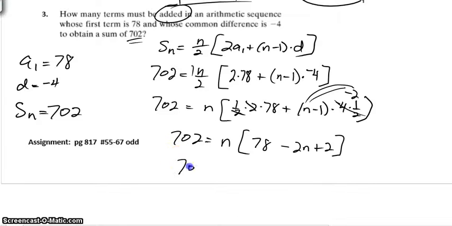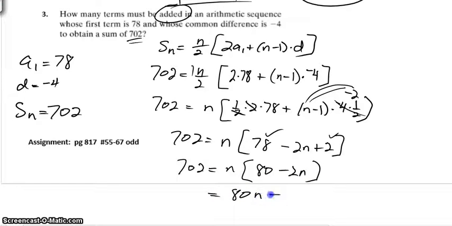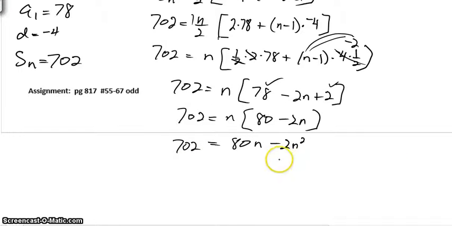Wow. Still looking bad. By the way, you could have cleaned everything up and then distributed n over 2 in there. Look, 78 plus 2 is 80. And then you can distribute your n. And all of a sudden, it doesn't take too long for kids to realize, hey, wait just a second, I've got a quadratic.